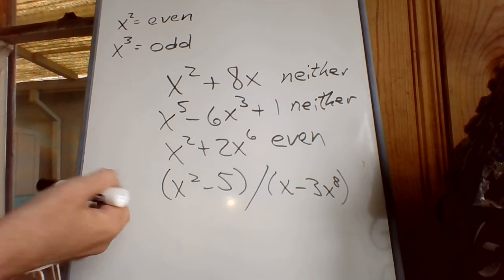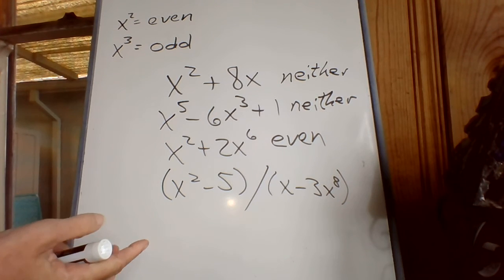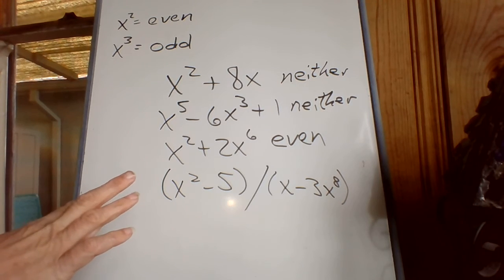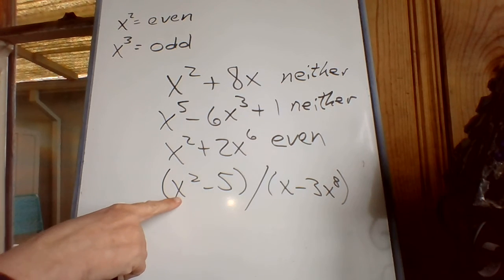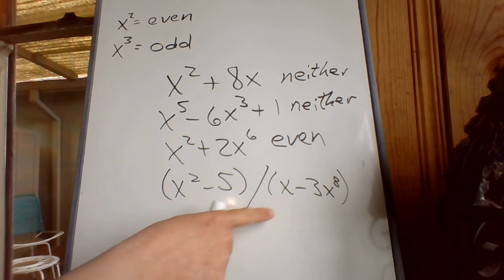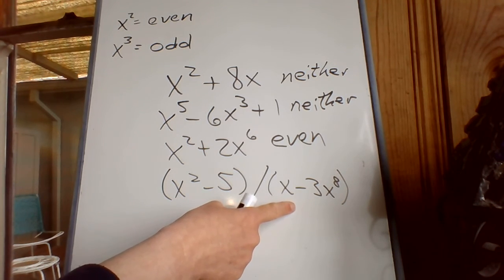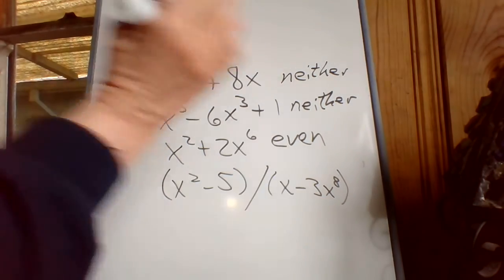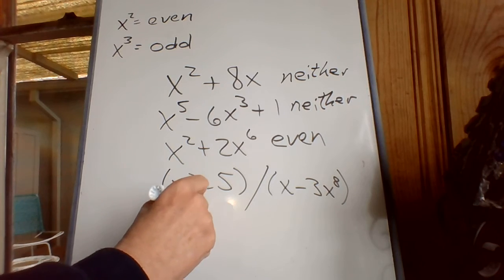Okay, so it's got a division in the middle of it. It doesn't actually matter. You can still just look at all four things I can see here and see whether it works out even. Plain old numbers, so that's even. Plain old x, so that's odd. X to the 8, so that's even. Even, odd, even. Okay, that's a neither.